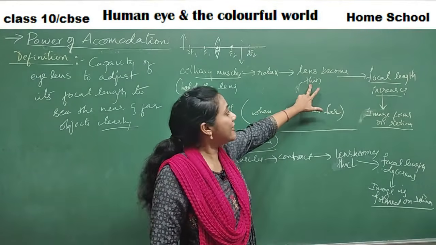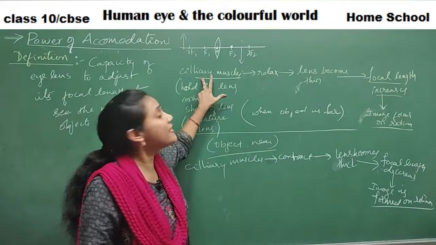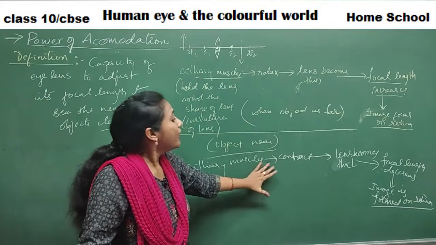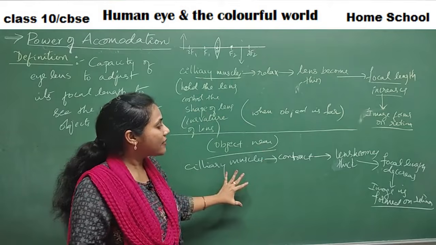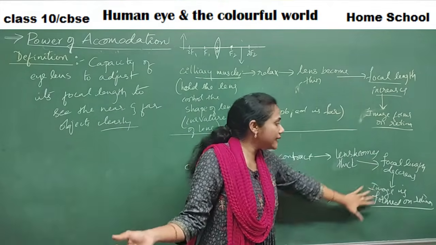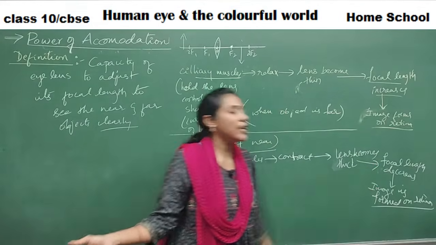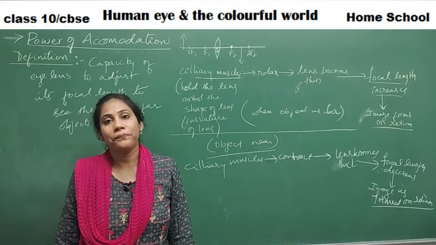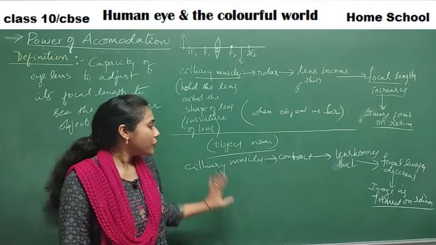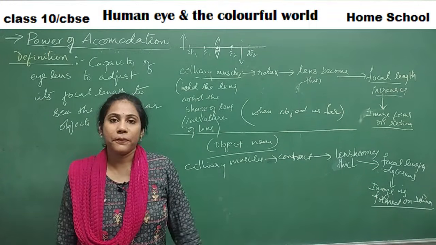Who will make the lens thinner? Ciliary muscles, when they relax. And if you want to see nearby things clearly, the lens must become thick. Then the focal length decreases, so that the image can be formed on the retina without going behind the retina. Clear? So this is our concept.